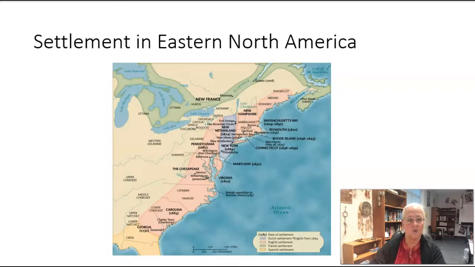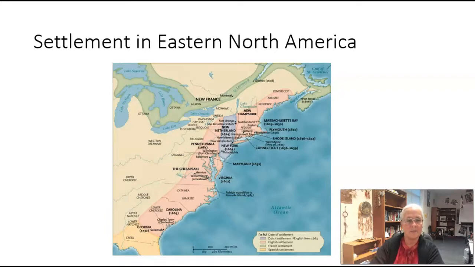So you're going to want to identify it, you want to define it, you want to tie it back to the prompt. So as I used in my example last week, like New England, an example of religion in New England is going to be the Puritans. The Puritans were a group of intensely religious people who believed they were going to set up the pure church on earth and establish a whole new religion over here in the New World.